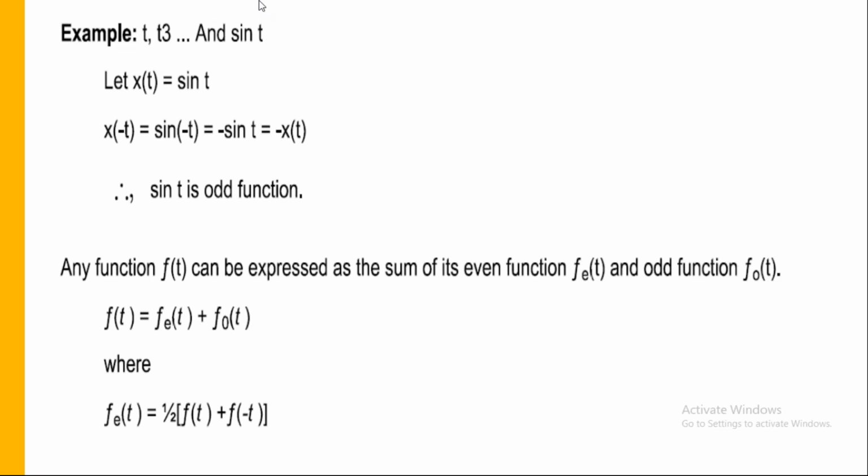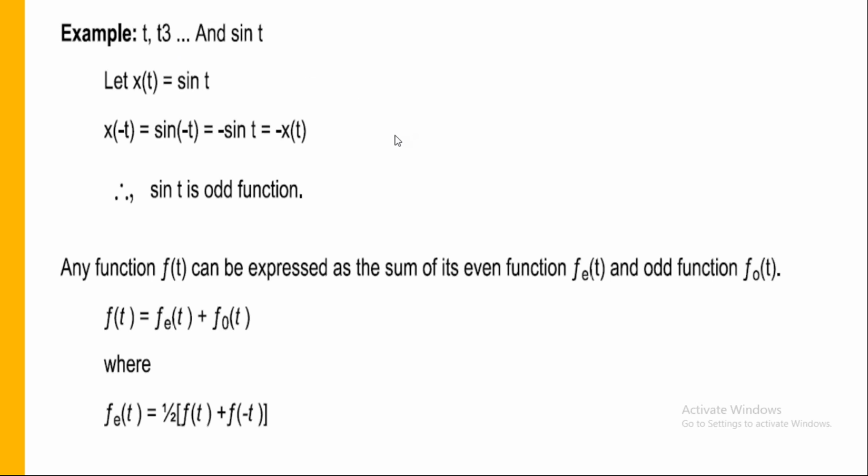Suppose you take t cube. If you take positive values of t, you will get positive. If you take negative values of t and cube it, you will not get a positive value, you will get a negative value. So t cube, t power 5, t power 7, all the odd powers of t are examples for odd functions. And the sine function is also an odd function.